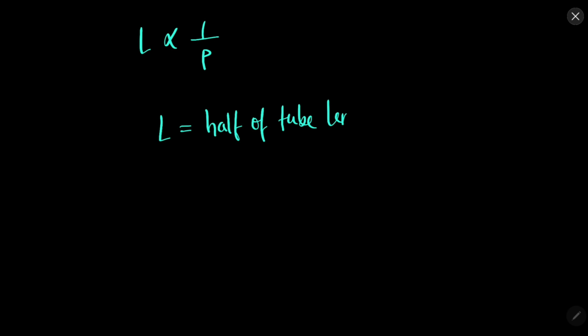Now we know that length is inversely proportional to pressure, and it is given length is half of the tube length, pressure is 0.02 mm of mercury.